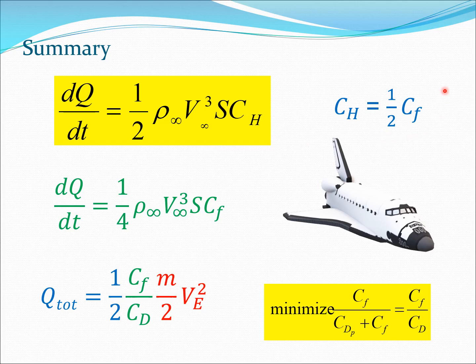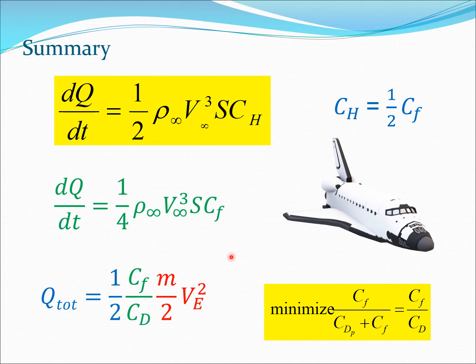We then used the fact that CH is half CF, the Stanton number in terms of the skin friction drag, and then we were able to write dq by dt in this form, and then finally we got q total in this form here. So that was the total heat generated from the point you entered the Earth's atmosphere at velocity VE to the time you landed at velocity V equal to 0.